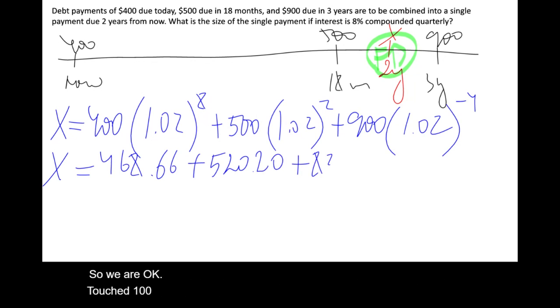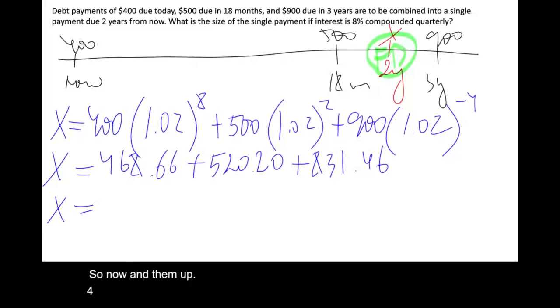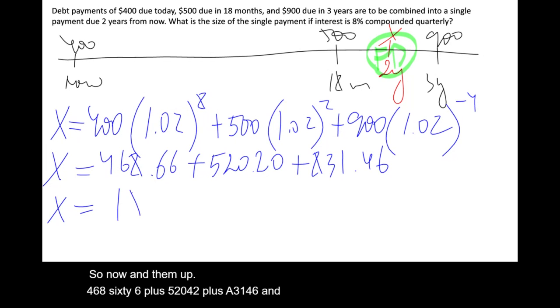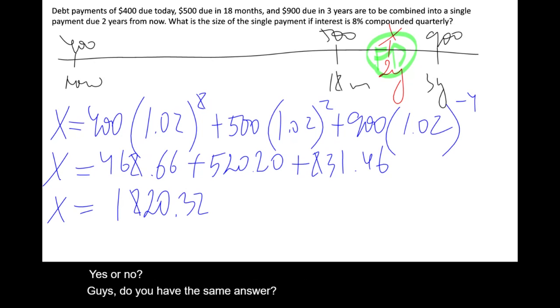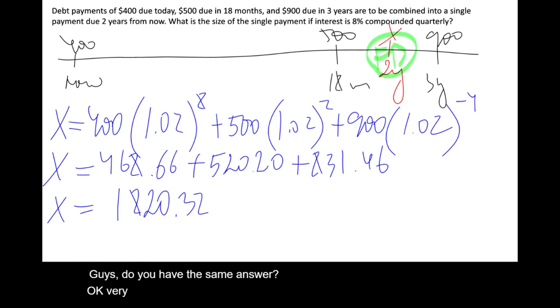So I have 831.46. So now add them up. 4,686.6 plus 520.2 plus 831.46, and I have $6,038.26. Yes or no? Guys, do you have the same answer? Okay, very good.